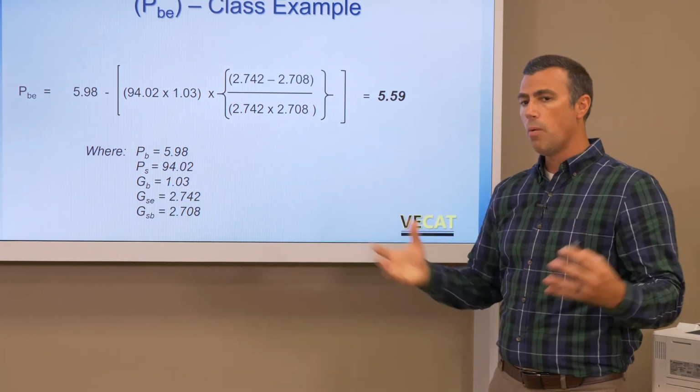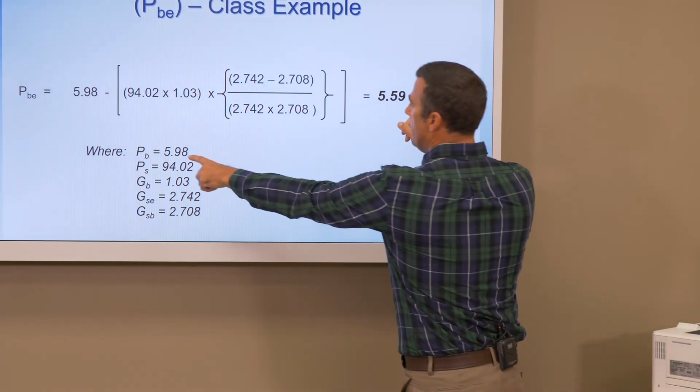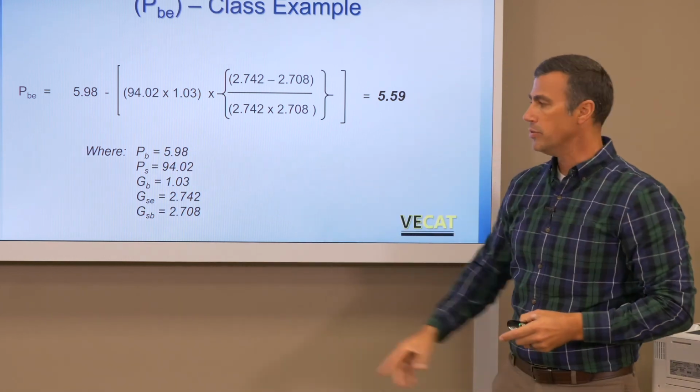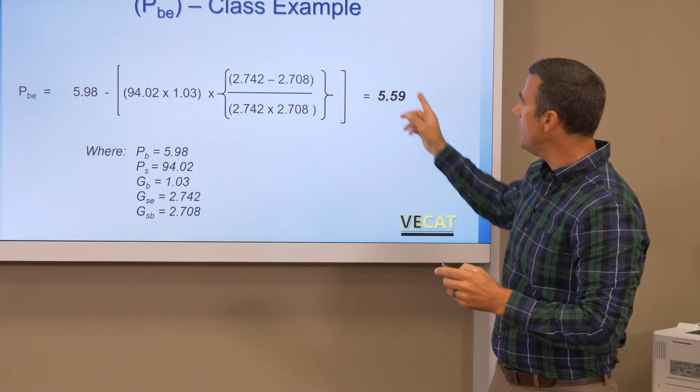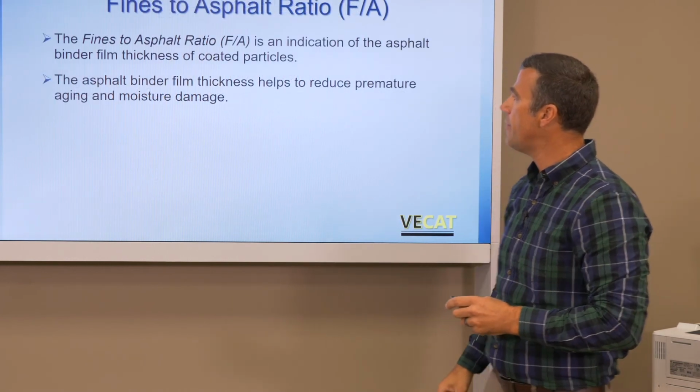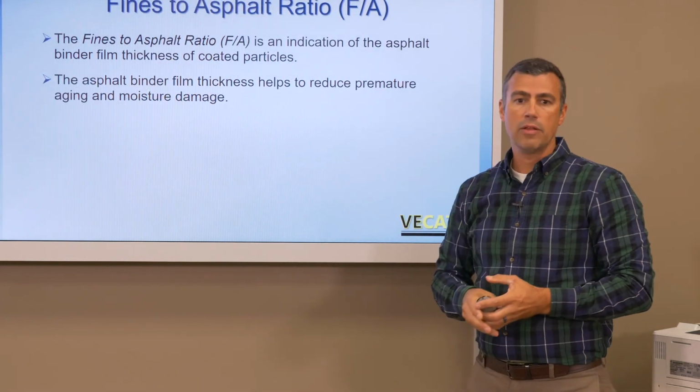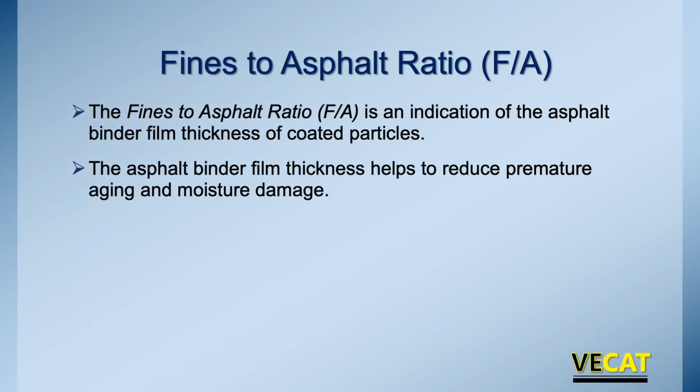So the more absorptive our aggregate is, the bigger difference you'll have in these two numbers, the total binder and the percent binder effective. Now, we need that percent binder effective to calculate this last volumetric property that's important for durability and performance. And that's that fines to asphalt ratio, FA. Okay?